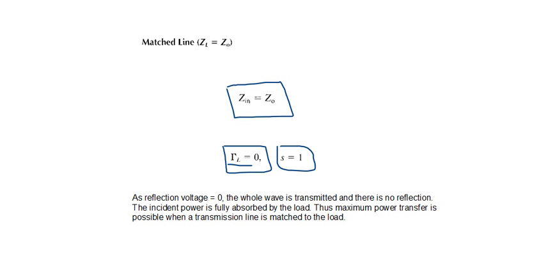So this is the case in which the maximum power is transferred to the load from the source via the transmission line. So this was about the different cases and conditions in which we can get maximum power transmission, along with certain specific characteristics of the load, like inductive as well as capacitive.